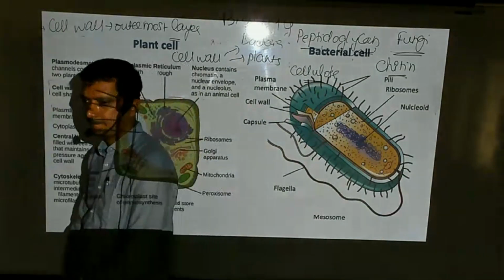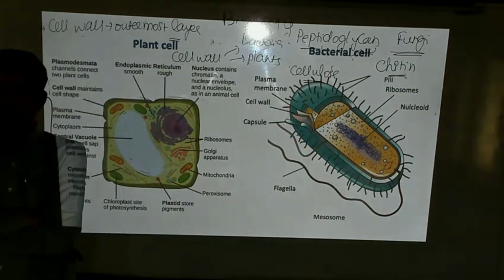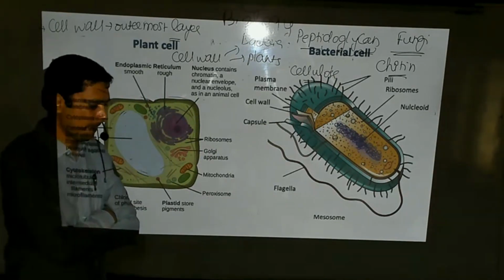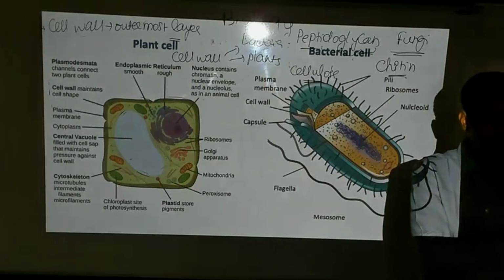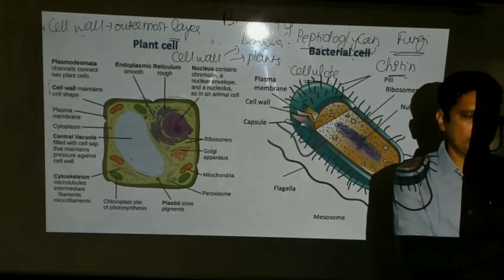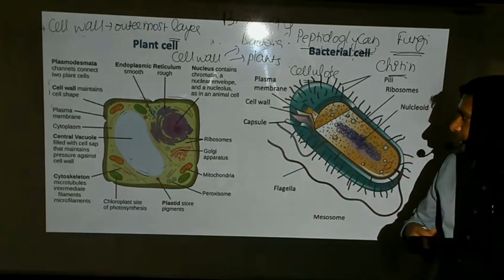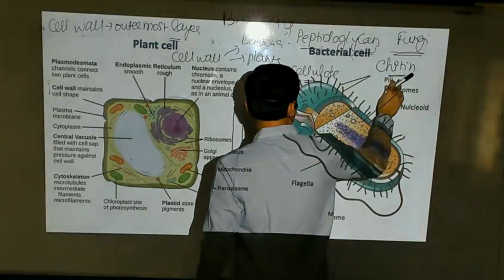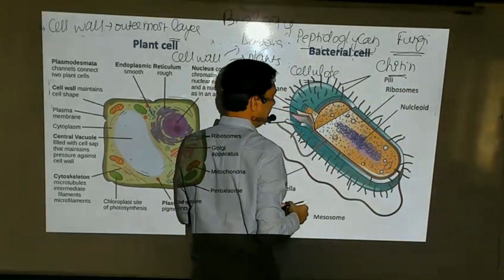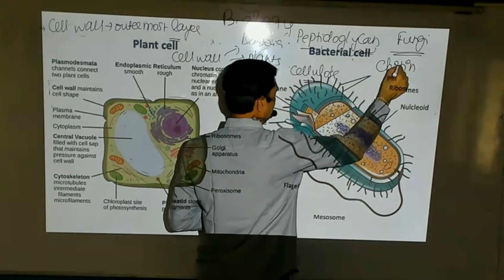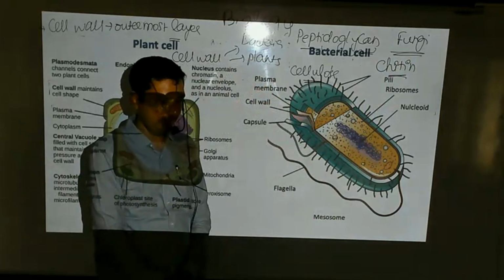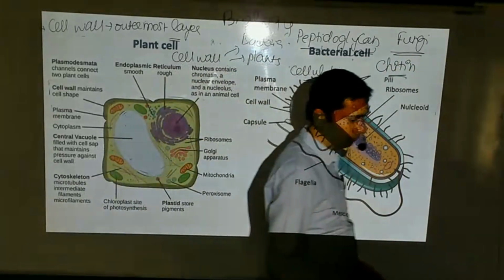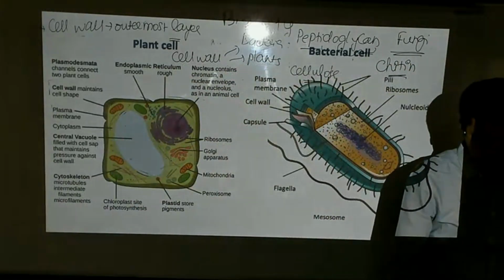Chitin. This is also a complex sugar, but the name is chitin. Okay, this is important for the exam. Right. This is one thing I wanted to mention to you.